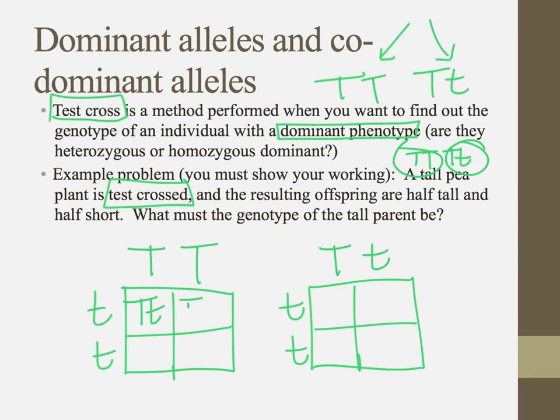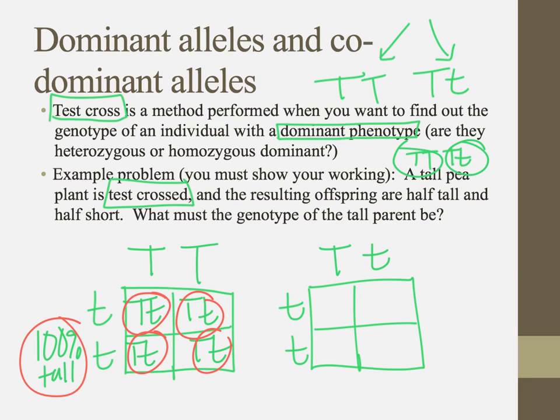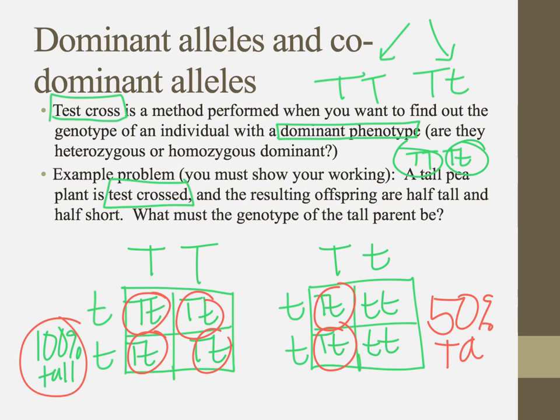When I do my crosses, I can see that this cross yields 100% tall offspring. All of these have the dominant gene, so 100% tall. This cross is going to yield 50%, or 1 out of every 2, tall.